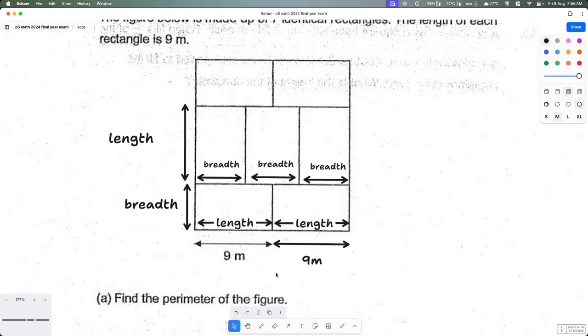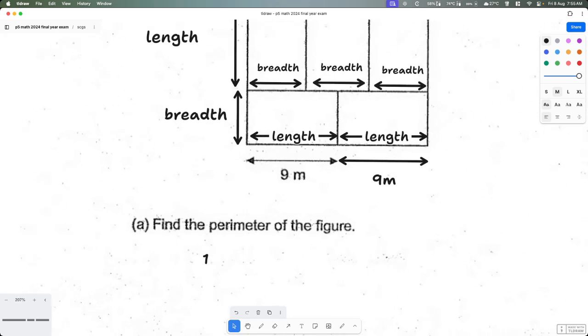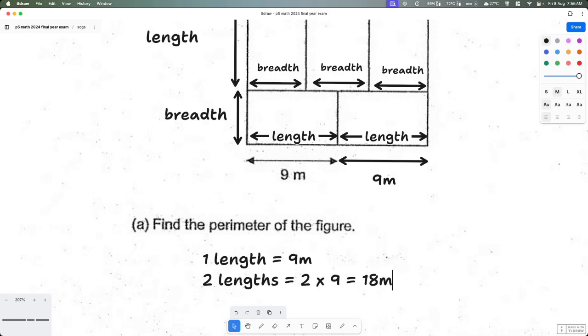Can you see it? To solve this, let me zoom in a bit. One length is equal to 9 meters. Two lengths is equal to 2 times 9, which is 18 meters.